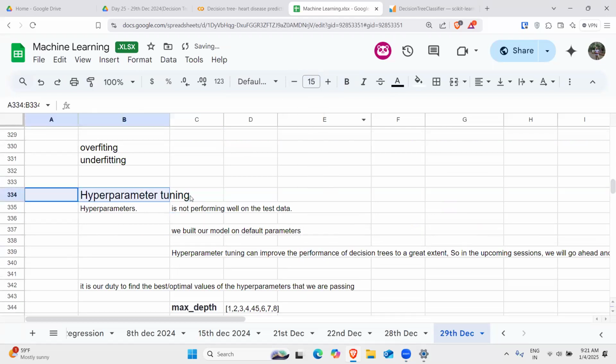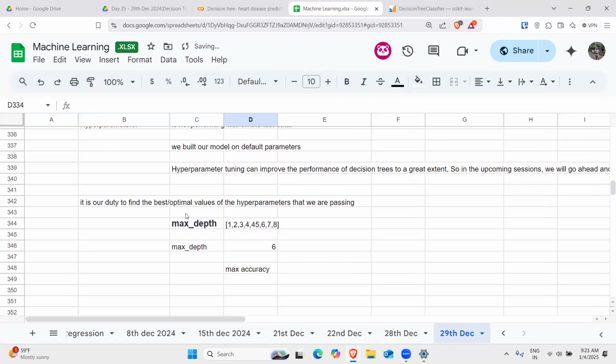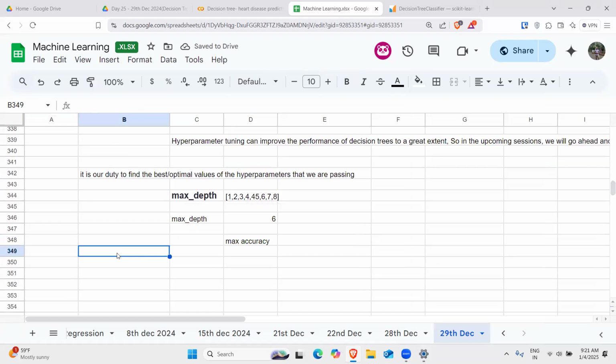So I'll just highlight this because it's a separate topic. We have to tune that, and this is known as tuning, like finding the best values out of the list of the hyperparameters.